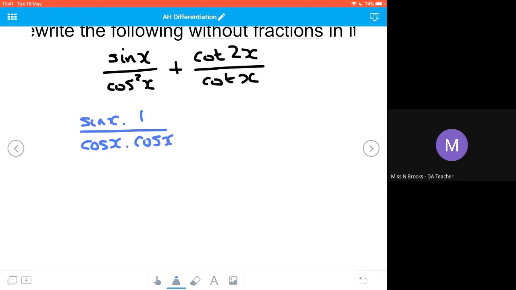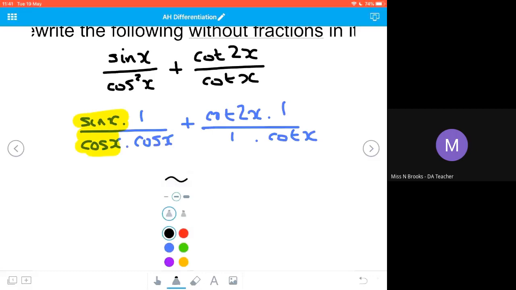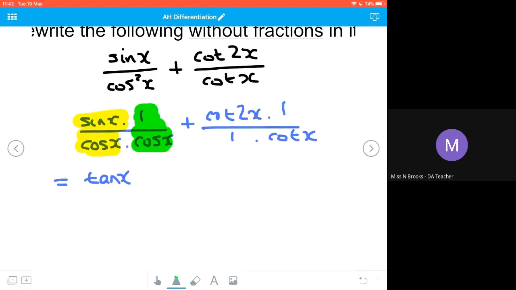And for my second fraction, I'm going to rewrite that as cot 2x multiplied by 1, and I'm going to write my denominator as 1 multiplied by the cotangent of x. So my sine x over cosine x is going to give me tan x, or the tangent of x. My 1 over the cosine of x is going to give me the secant of x.